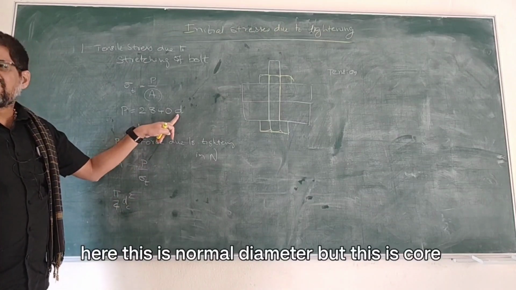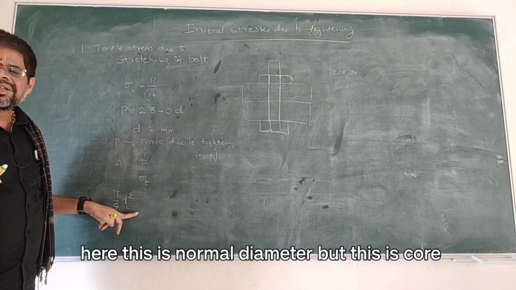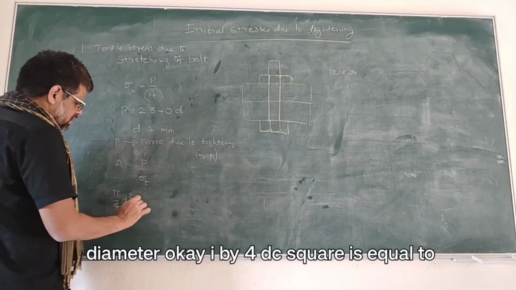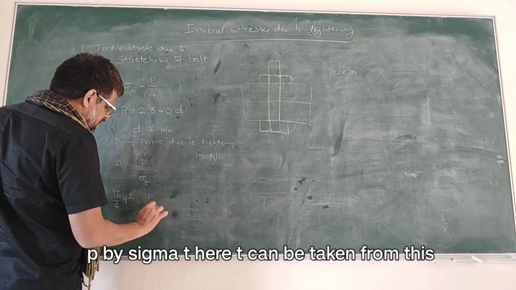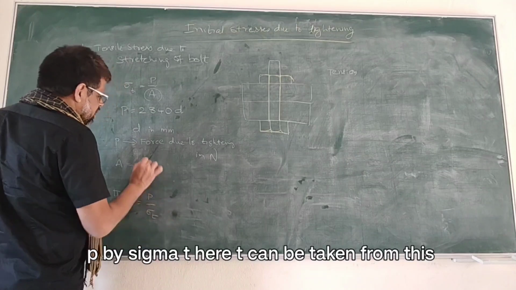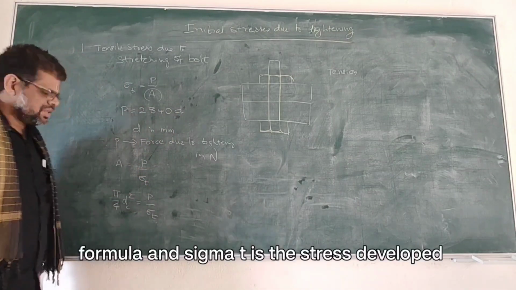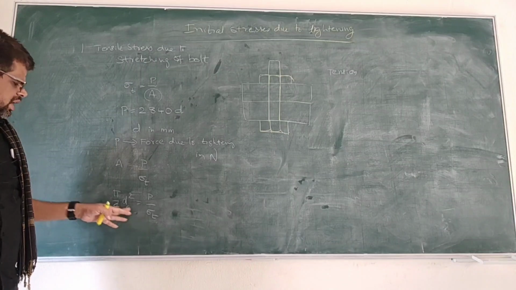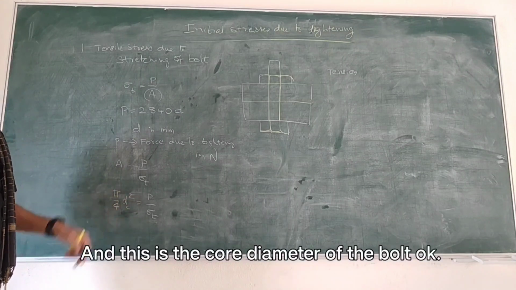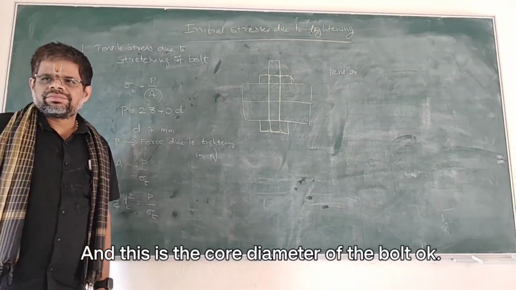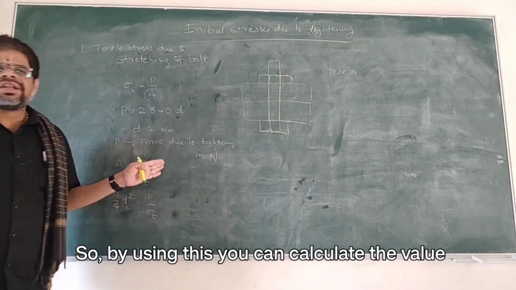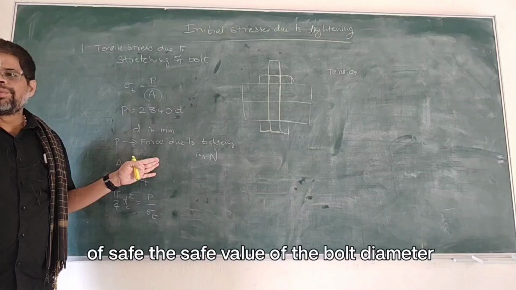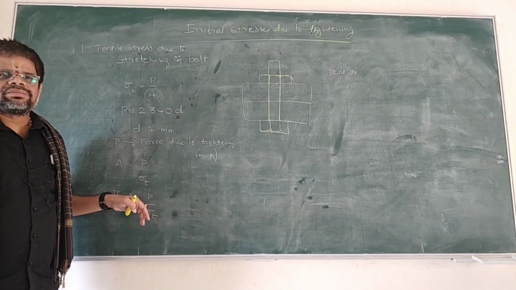Remember, here this is nominal diameter, but this is core diameter. Okay. Pi by 4 Dc square is equal to P by sigma T. Here P can be taken from this formula, and sigma T is the stress developed, and this is the core diameter of the bolt. Okay.